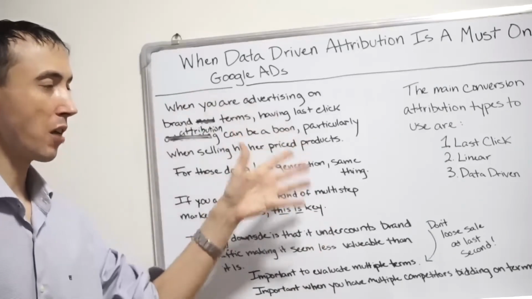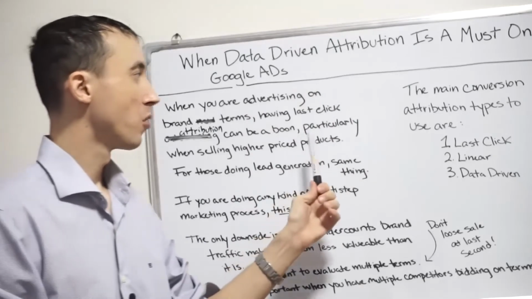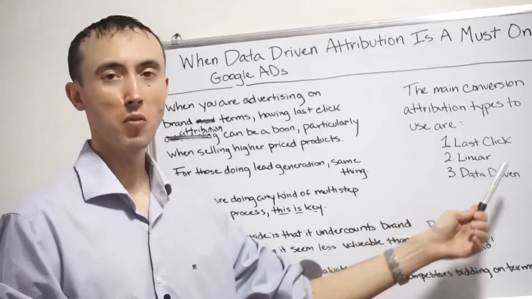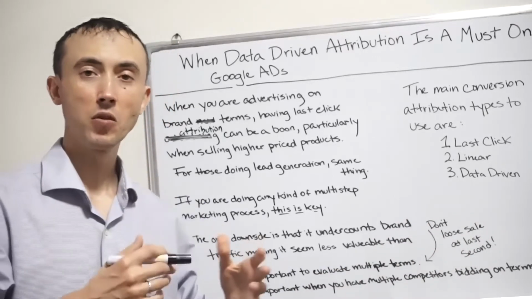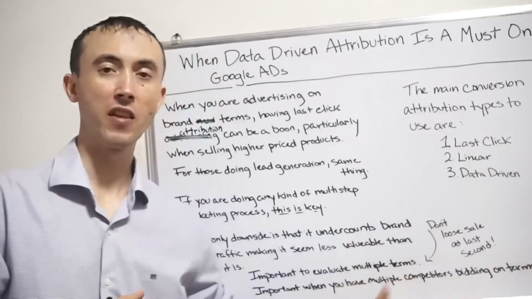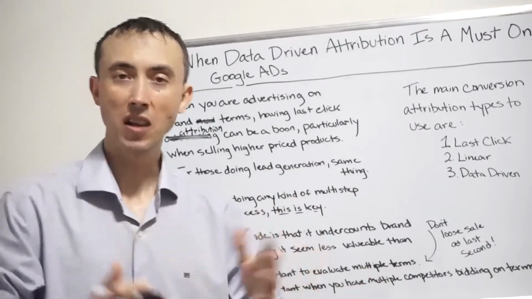And when you're using brand campaigns and you sell something over $100, then use data-driven attribution, whereas I would use linear before, at least, so that we're not having the brand campaigns look like they're doing everything, and then with that we don't have any data or knowledge that the non-brand campaigns are working.